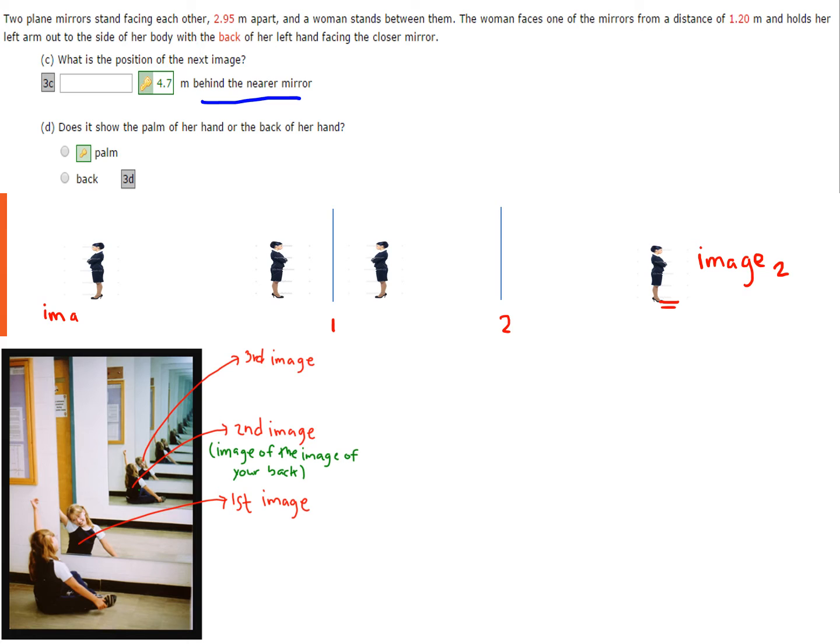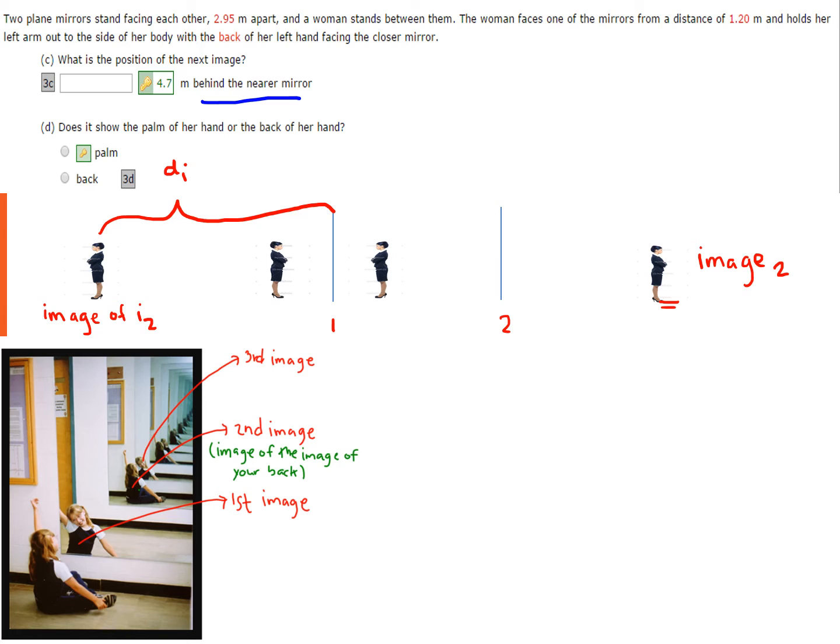Image of image 2. So we actually need to solve for the distance of the image of image 2 from mirror 1, and let's call that di.